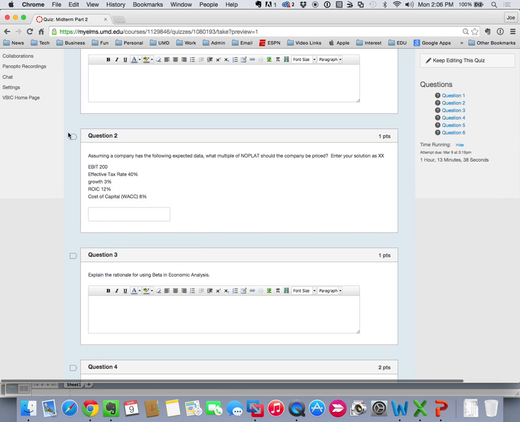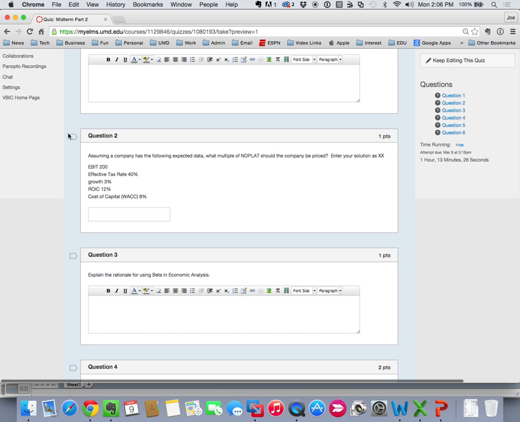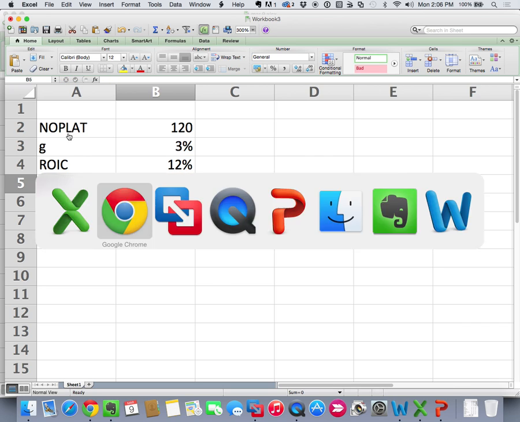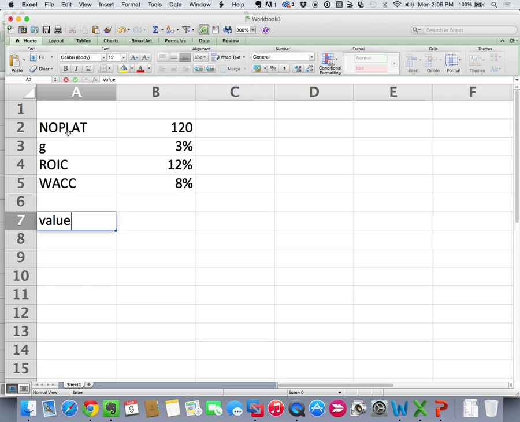Well, for NOPLAT, we were given EBIT of 200 and a tax rate of 40%. So 200 times 0.6. Growth was 3%. ROIC was 12%. WACC was 8%. So the value of this company using the key value drivers.